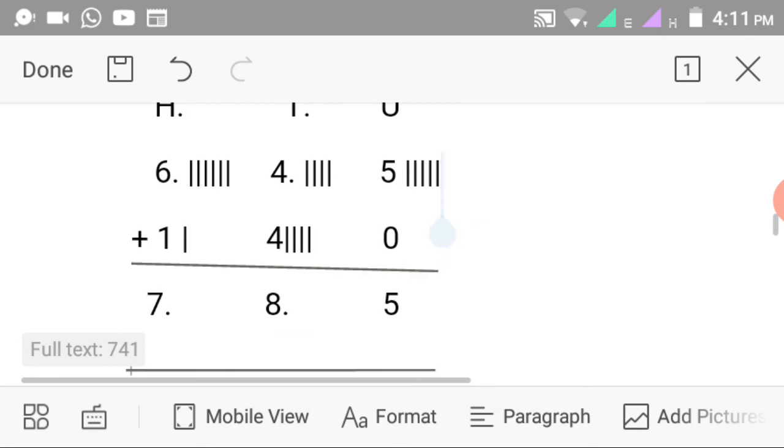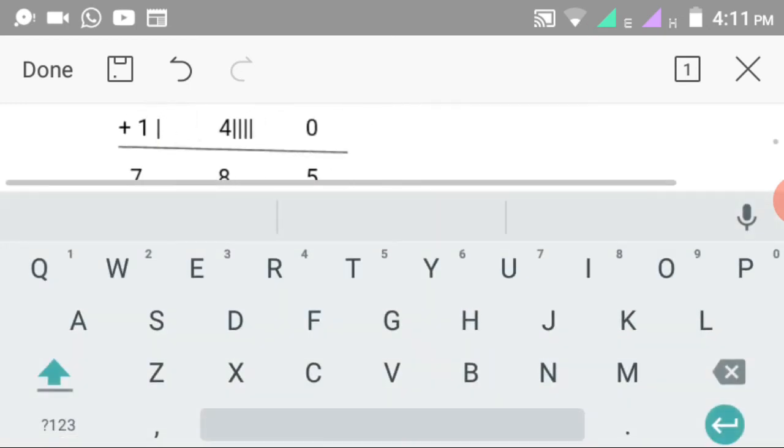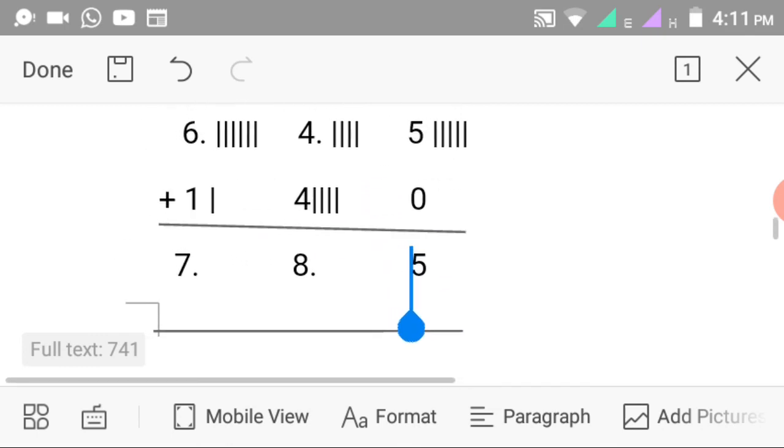I'm now going to add it together by counting from the top. 1, 2, 3, 4. And I will come down and count again, 5, 6, 7, 8. My 4 plus 4 will give me 8. And I will write down my 8 under the 4.